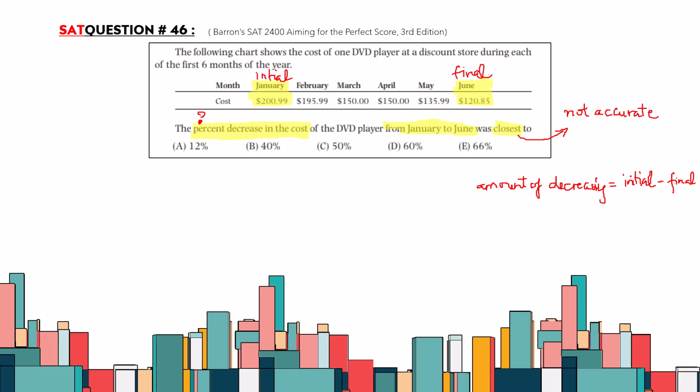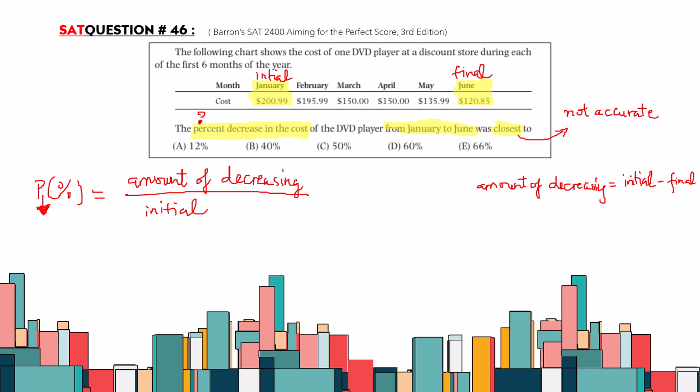The percentage, let's call it P, of decrease equals the amount of decrease over the initial amount, which is in January, right?